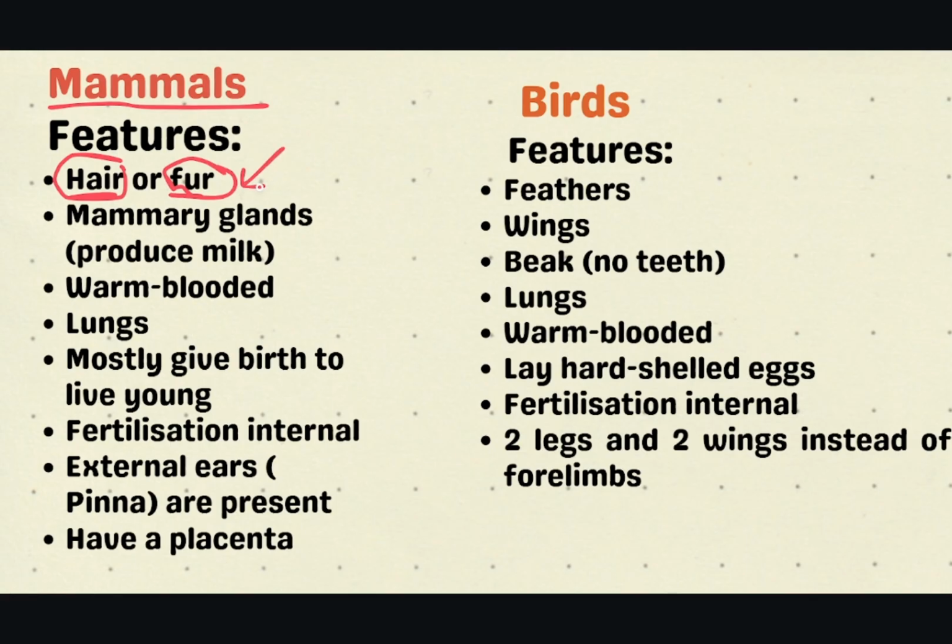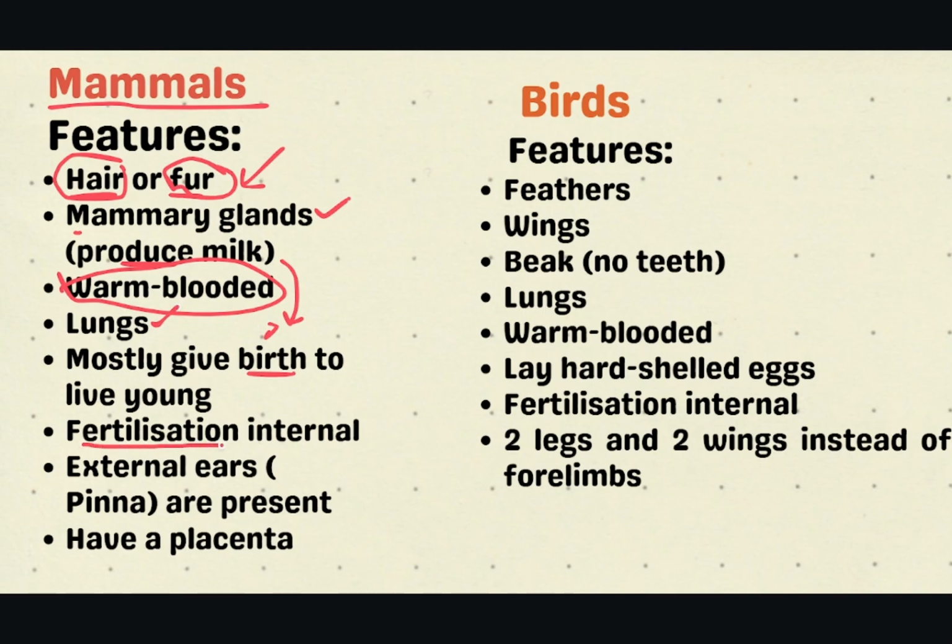They also give birth to their offspring. So they have mammary glands, which produce milk so that they can feed their young ones. And they're also warm-blooded, an important point. We have lungs for breathing, and then there is fertilization.